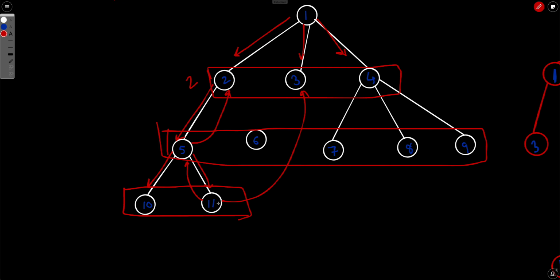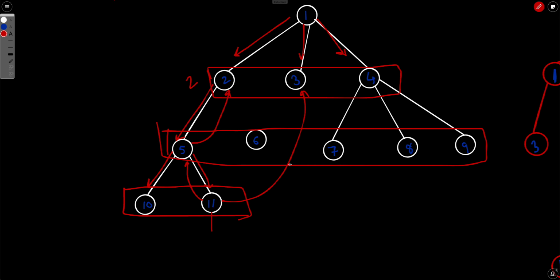So 11 to 3, you will never get something like 11 to 3 where 3 is not visited, because you are doing BFS, so 3 would be already visited, right? And because 3 is already visited, it means that there was an edge with its parent which led to the discovery of 3. So 3 belongs to an upper group, right?